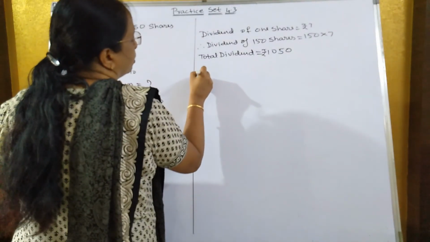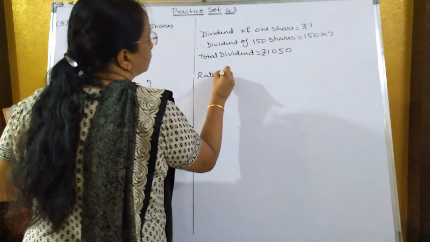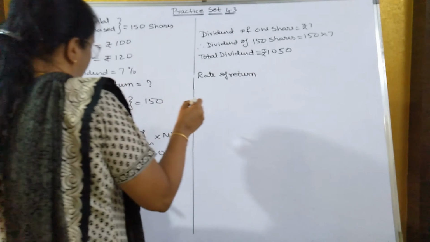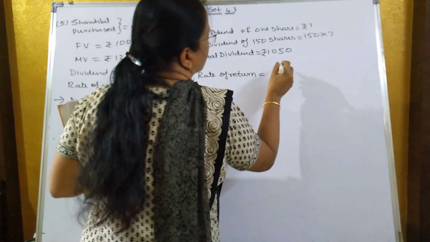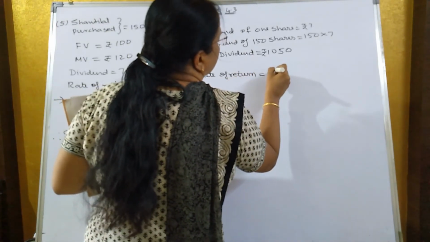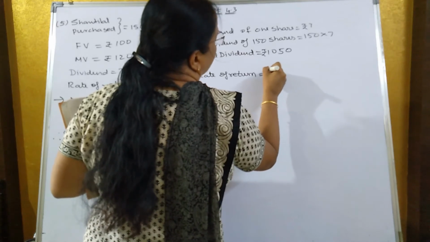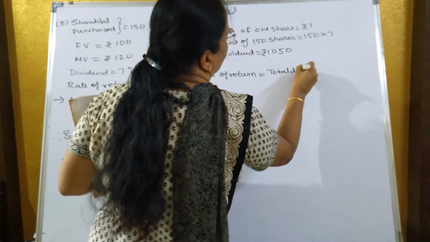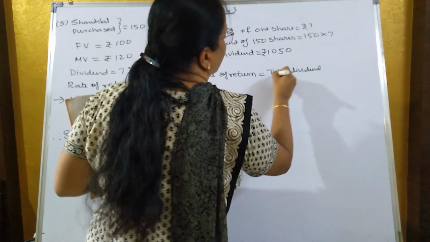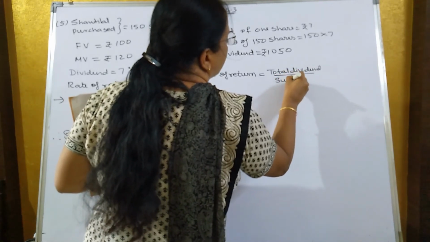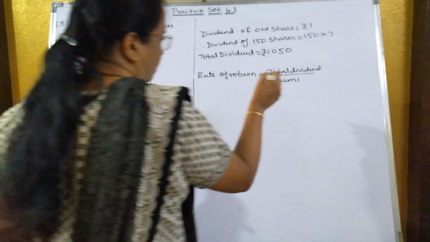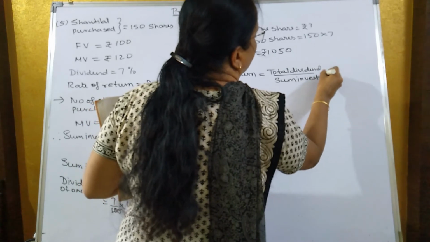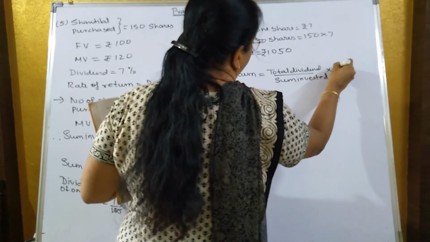So rate of return or interest. Rate of return is equal to total dividend upon sum invested into 100.